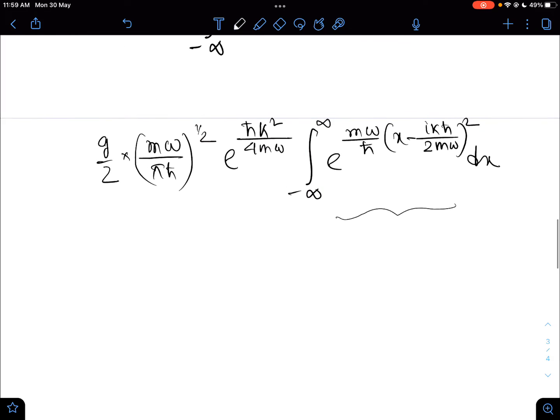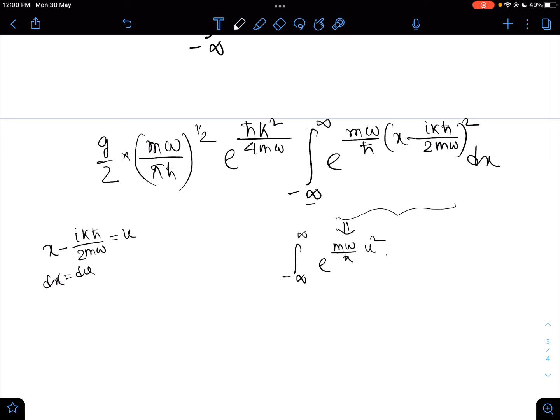For this integral, we replace x minus iħk by 2mω with u, so dx will be du, and the integration limit will not change because this is from minus infinity to infinity. If you add or subtract any term with infinity, it will remain infinity. So from here we will get the integral from minus infinity to infinity of e to the power mω by ħ u squared du.